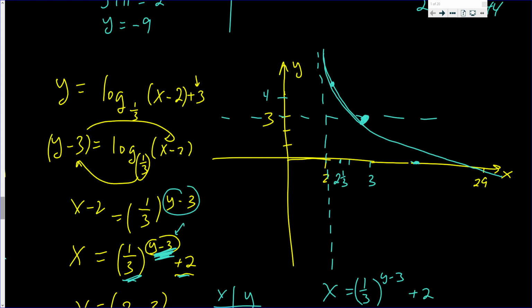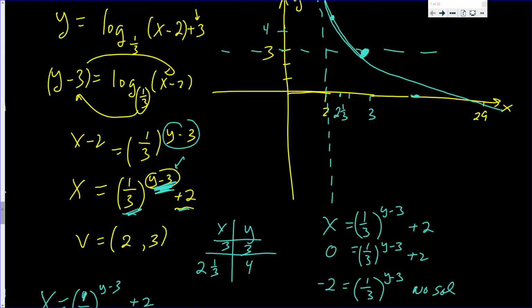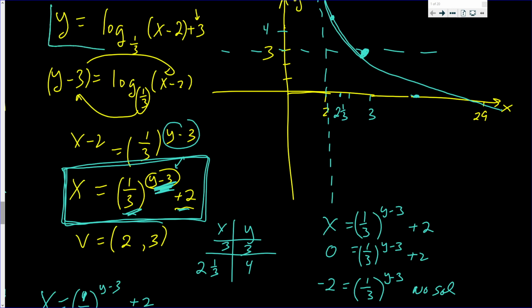Okay, this is how you can graph logarithmic functions: by not graphing logarithmic functions, but graphing their equivalent exponential function. The thing is that I only have to know how to graph exponential functions, and knowing how to graph exponential functions, I can also graph logarithmic functions.